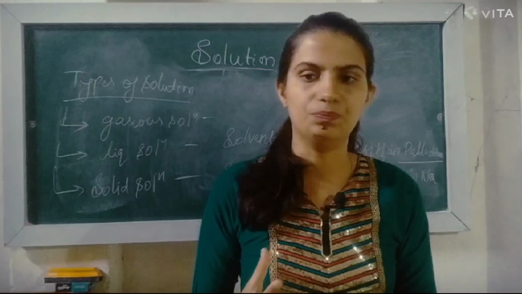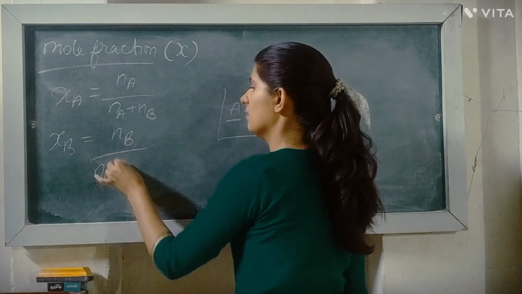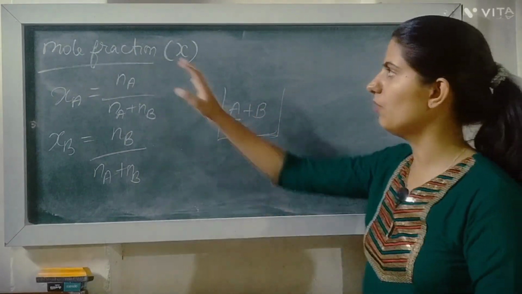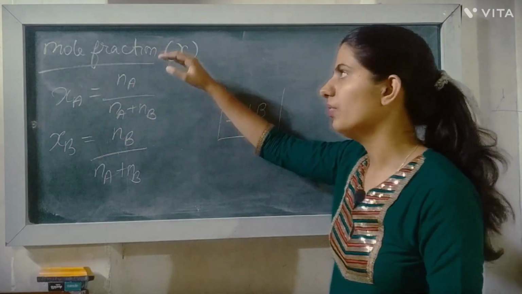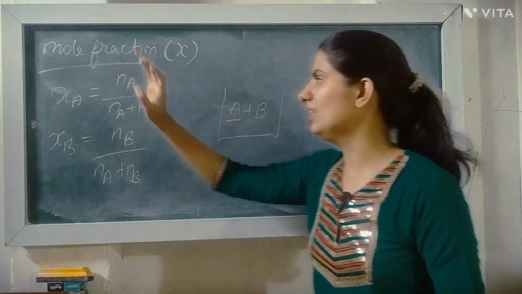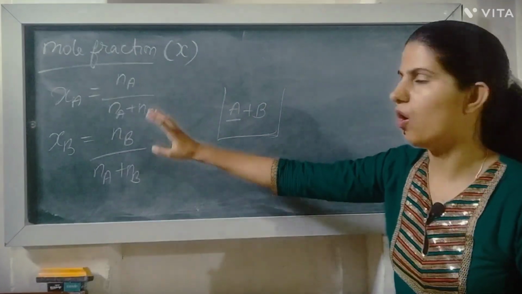This is the formula for it. N A indicates number of moles of A component. I have taken up N B. So the definition is: mole fraction is a ratio of number of moles of one component, that's A component, to the total number of moles of all the components present in the solution.